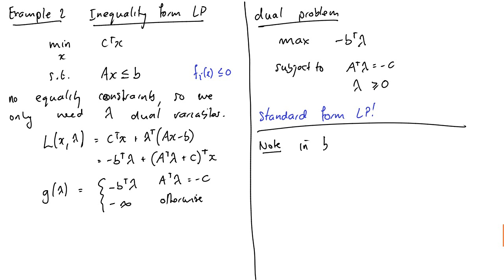In both of these examples, the number of primal, I used a word that I haven't defined. The number of primal constraints equals the number of dual variables. I'll define primal in a second.